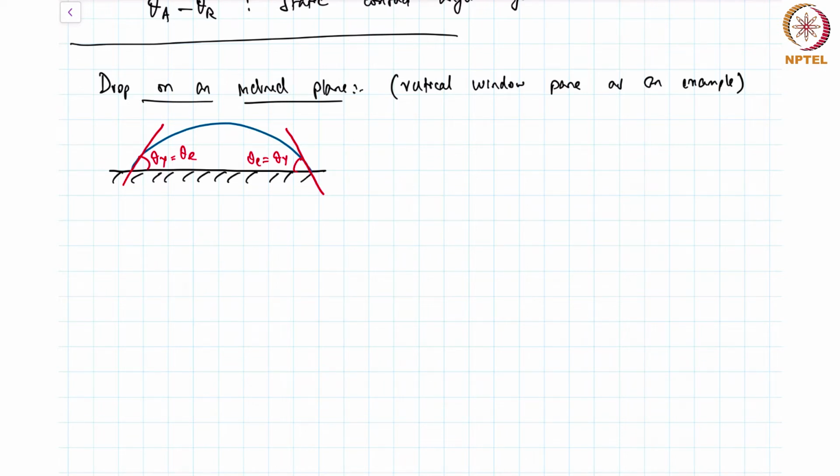Now let's consider a situation where the plate is actually tilted. If the plate is tilted to this configuration, let me make it a little extreme, you may have all seen a droplet in this fashion.